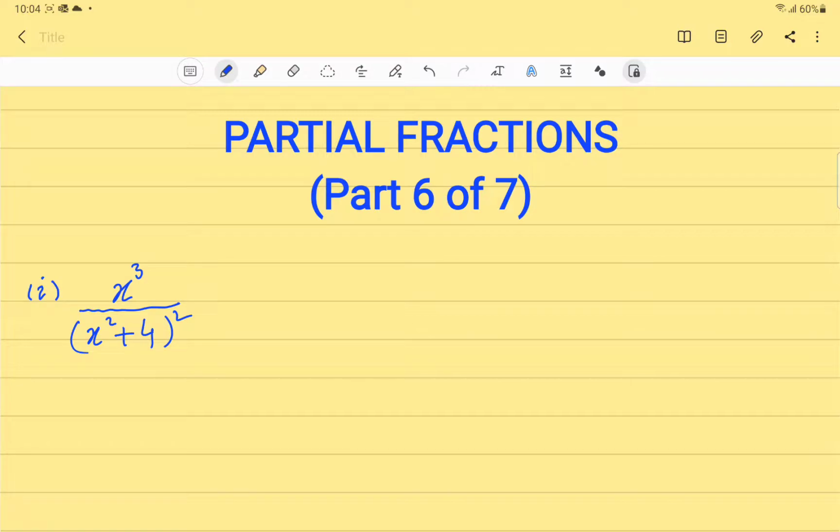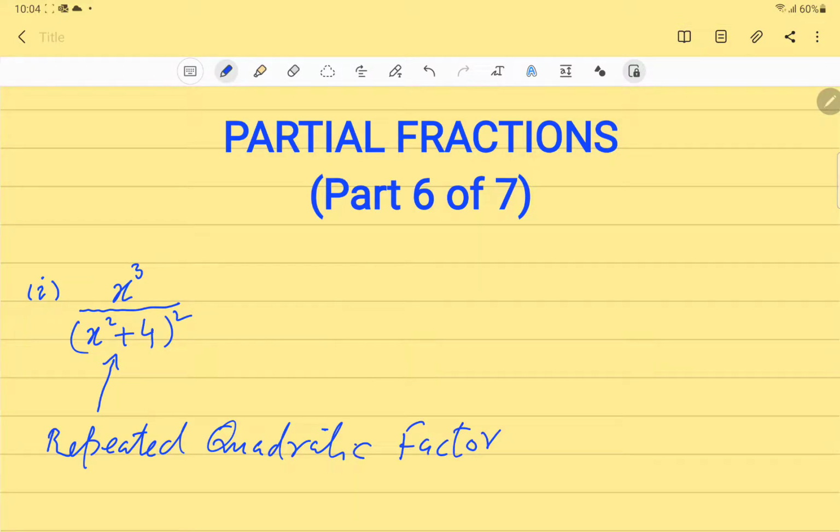But before that we have to check one more thing, the type of the factor. This factor is actually a repeated quadratic factor. And whenever we have a quadratic factor, we introduce two variables in the numerator, the first one with x and the second one without x, over x squared plus 4.